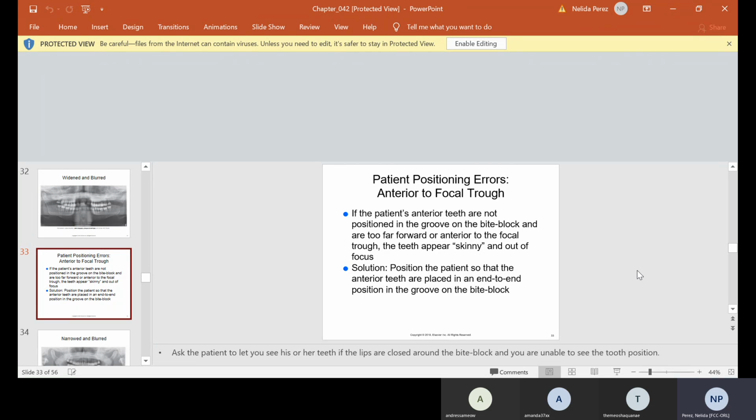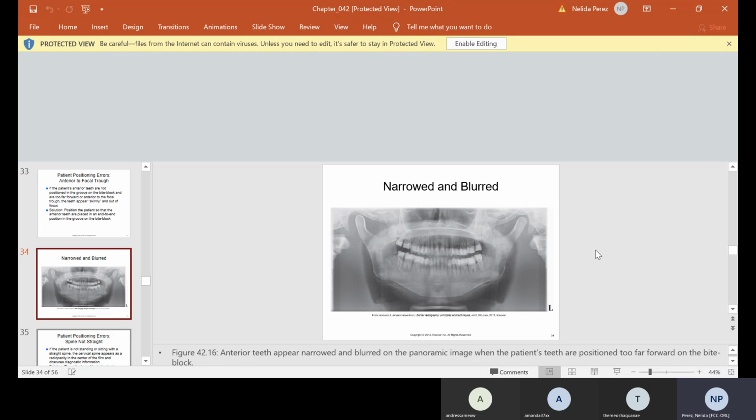So again, position the patient so that the anterior teeth are placed in an end-to-end position in the groove on the bite block. Before I showed you too far, now I'm showing you too close. So narrow and blurred. Look at this. This is horrible. Everything looks like it's together.